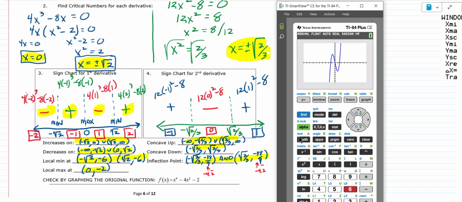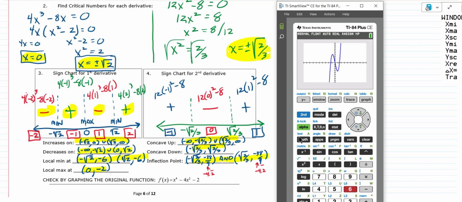All it's going to spit out when you trace -2 is that y value, which is negative. If we use the test point of like -1, I can tell that y value is positive. So this is going to be negative, positive, negative, positive. Because all the sign chart's doing is the test points are finding y values, and they're either negative or positive. So if you graph the first derivative, you don't even have to trace in those test points. You just say negative, positive, negative, positive. Does that make sense? Okay, save even more time by doing that, okay?